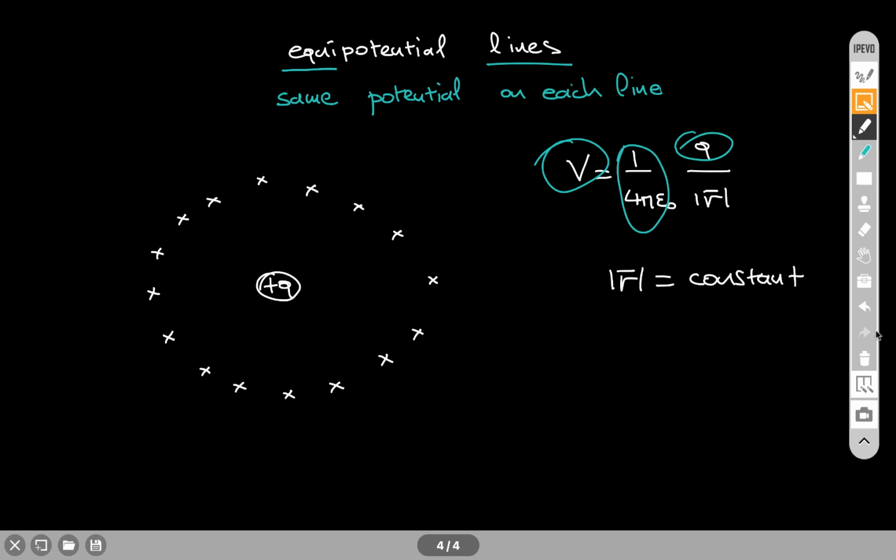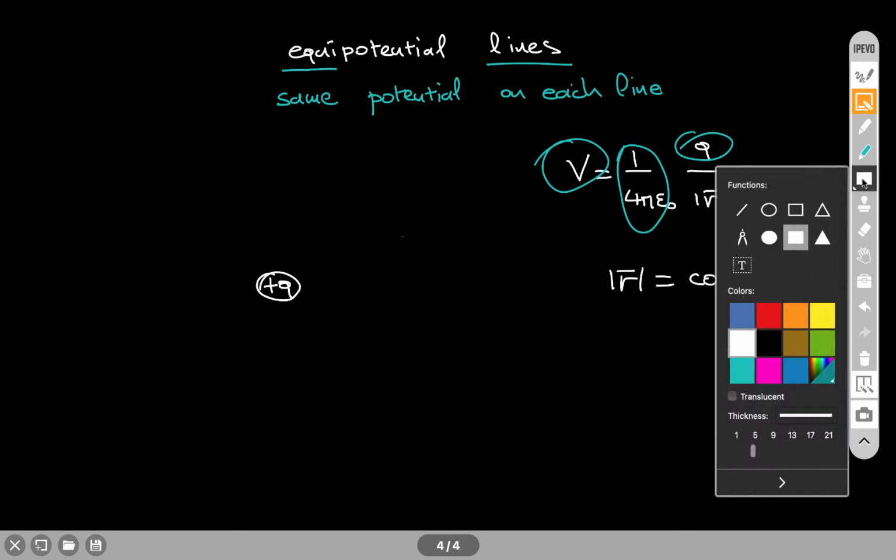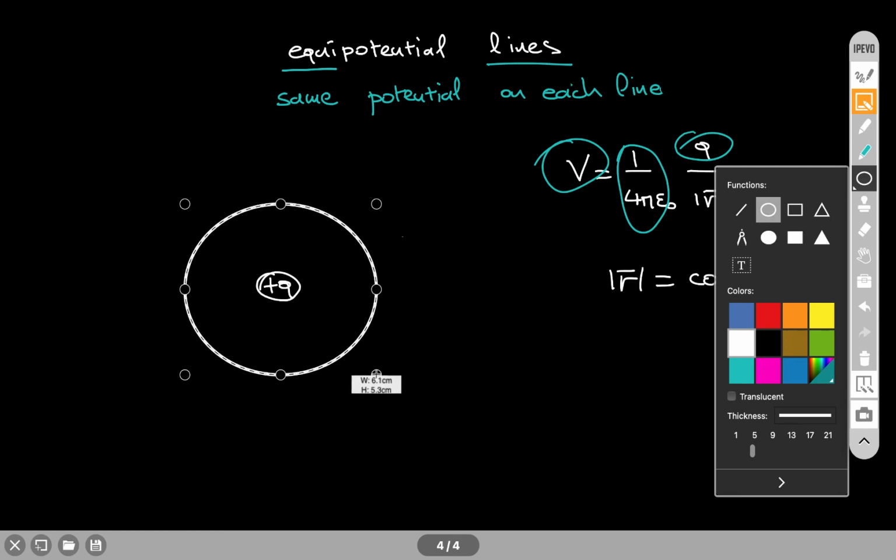I'm gonna erase these, and I will actually draw a circle. All right, it will not be a perfect circle, but we're gonna pretend that this is a circle.